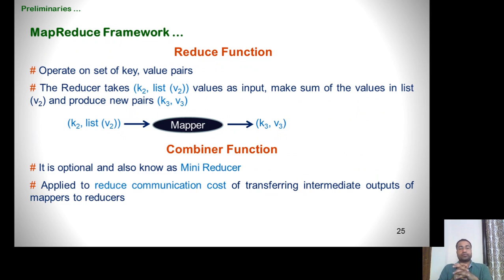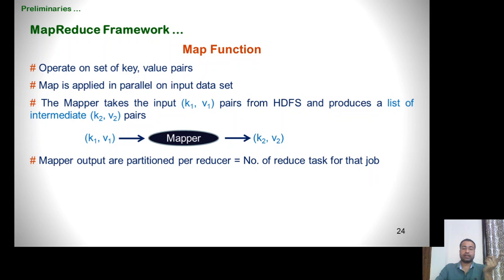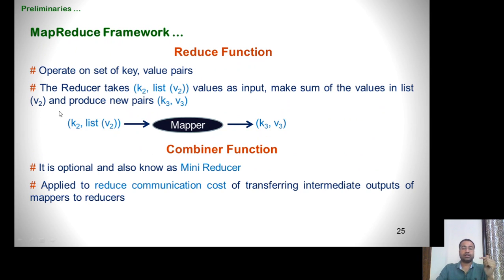The reduce function again operates on a set of key value pairs. The reducer takes the output of the mapper. Basically this is the list of key value pairs, and then we will see how it is shuffled and exchanged. After shuffling and exchanging, it will be transformed into this form: key and list of values.